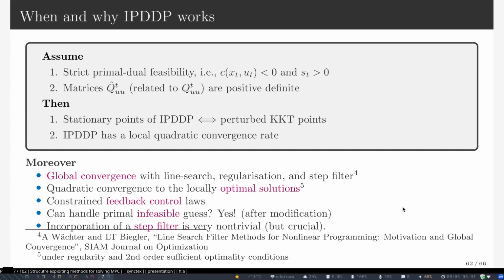We can have local quadratic convergence to the solutions. We get these feedback control laws if we can't solve the problem fast enough. We can relax these assumptions, yes. Really, the biggest challenge was the step size selection and the step filters, line search and step filter. It took us some time to figure it out, really.